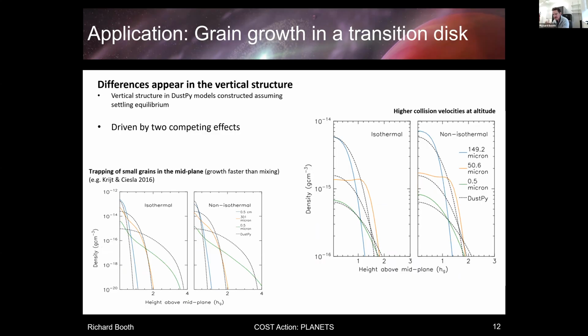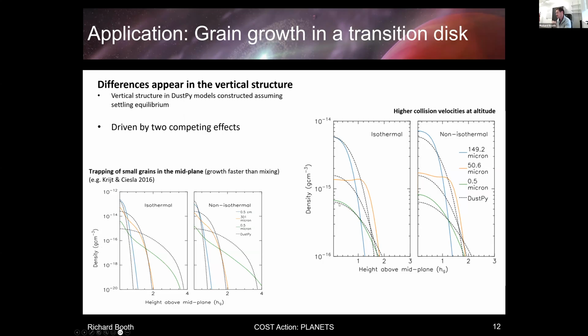The vertical structure of the dust dynamics can change quite a lot depending on what physics is going on. To make a comparison to DustPy, we had to blow up the vertically integrated model into a vertically resolved structure, and we did that the standard way that people do when they want to make radiative transfer models of DustPy simulations: using a Gaussian vertical structure, assuming settling equilibrium.